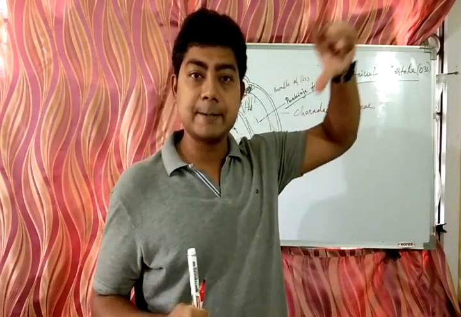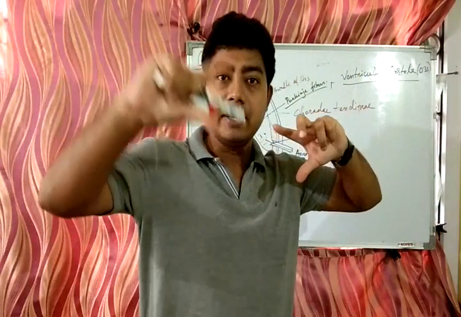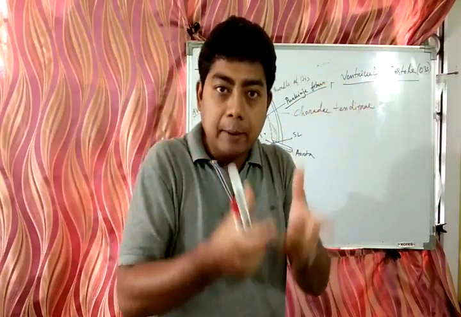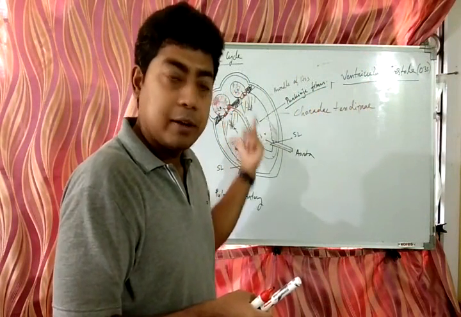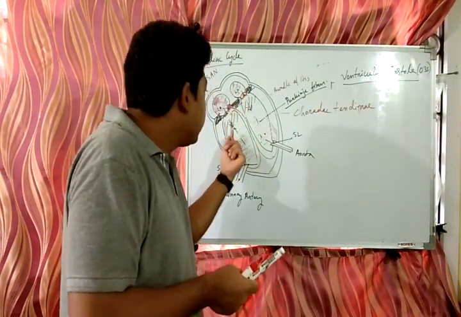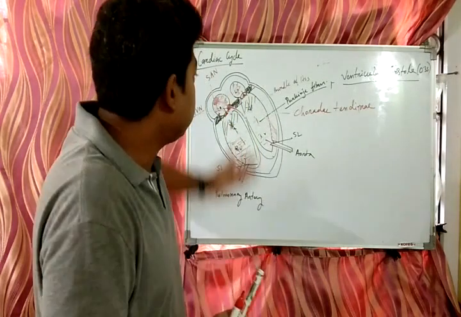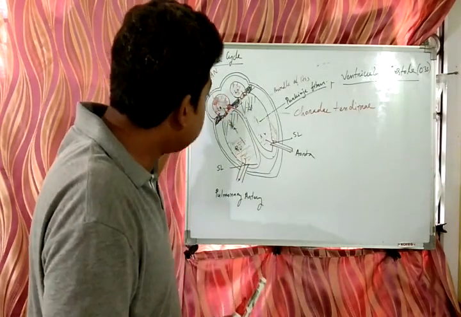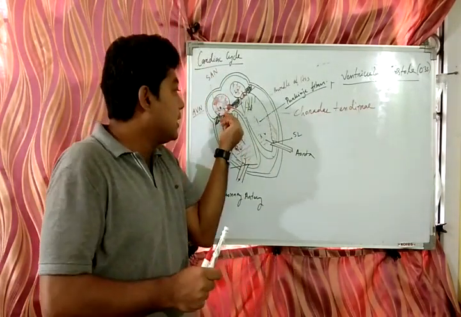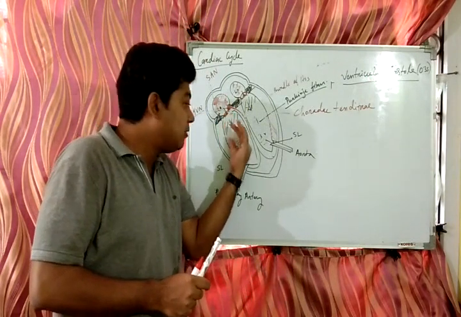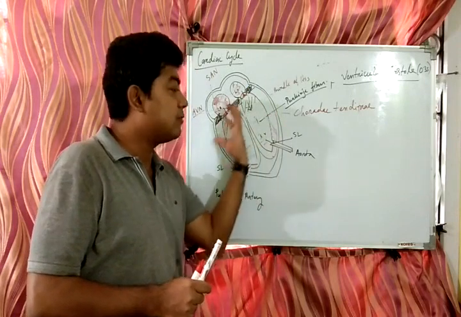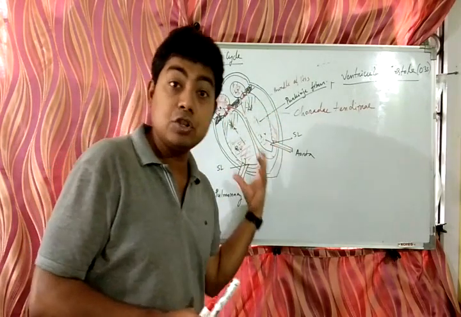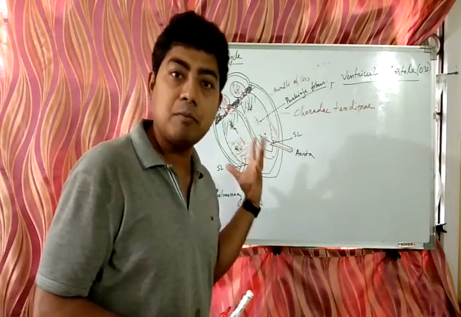The blood from the vena cava and the coronary sinus will come and fill here. It will fill, and gradually it will create pressure, and then it passively moves and fills almost 70% of the ventricle during joint diastole. That occurs for 0.4 seconds.